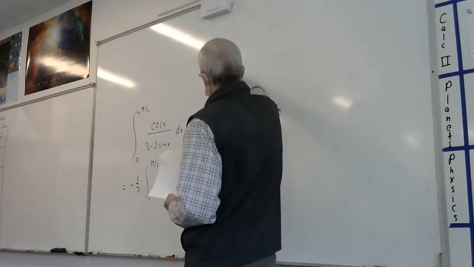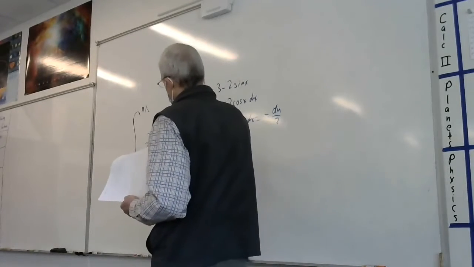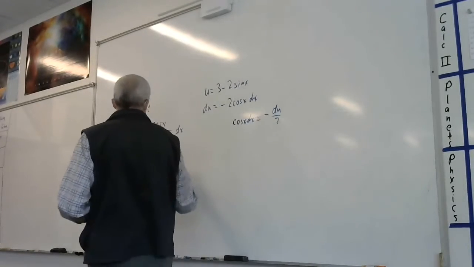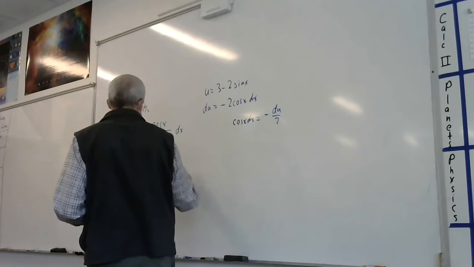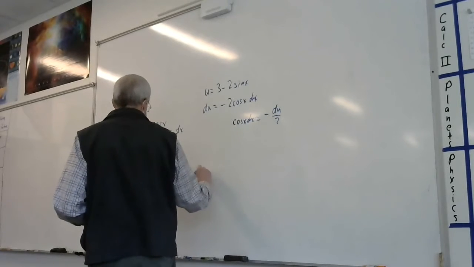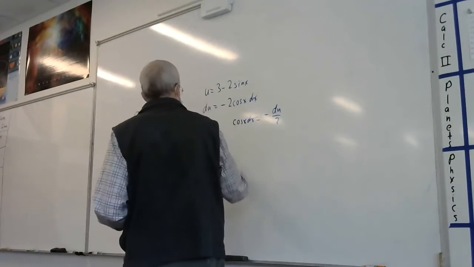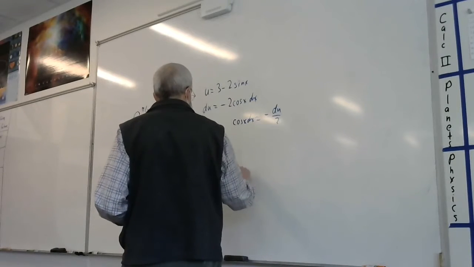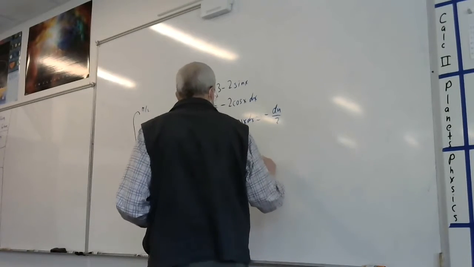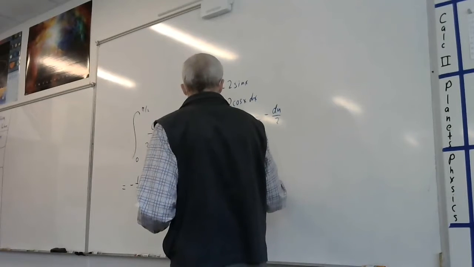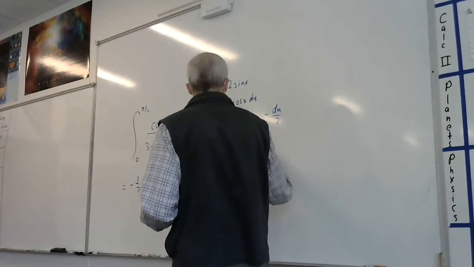Now we could change the limits right away, or we can just plug in the x. Either one works. So this is just negative 1/2 ln of 3 minus 2 sine x, from 0 to pi over 2.